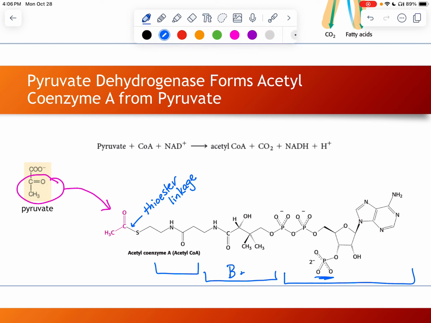So B5, we have this piece from our diet, right? That we need to be able to have all the pieces for these reactions to happen.